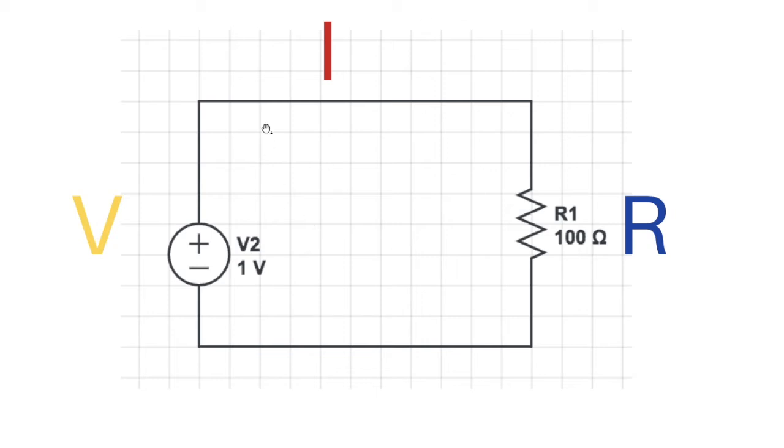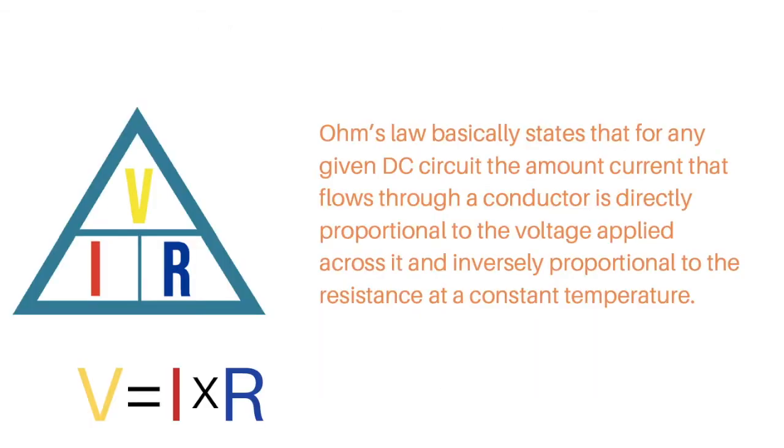Now, what is the relationship between current, resistance, and voltage? For that, we need to turn to our old friend, German physicist Ohm. It's called Ohm's Law.